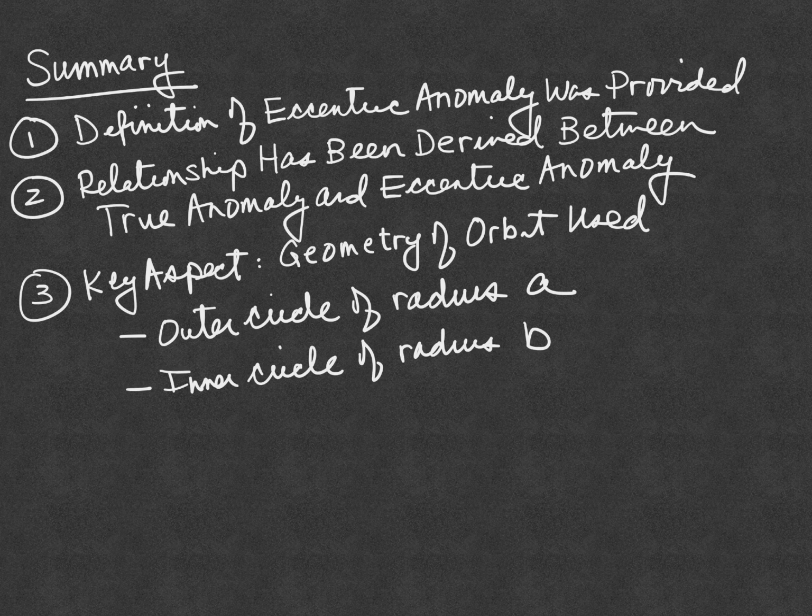And this will form the basis of the next part of the discussion of the orbit as a function of time, where we introduce a relationship between the eccentric anomaly and time. So that's the next part, which will come in the next video.